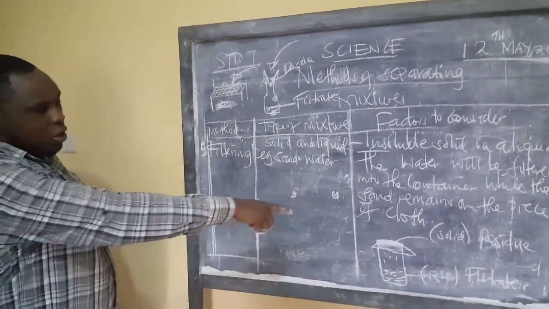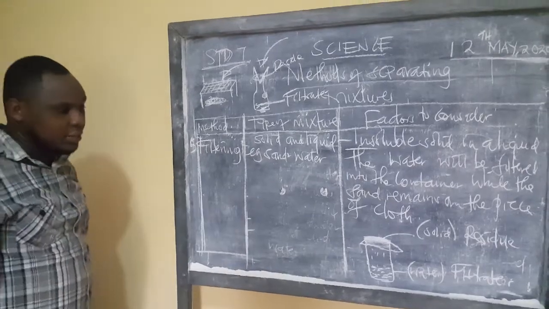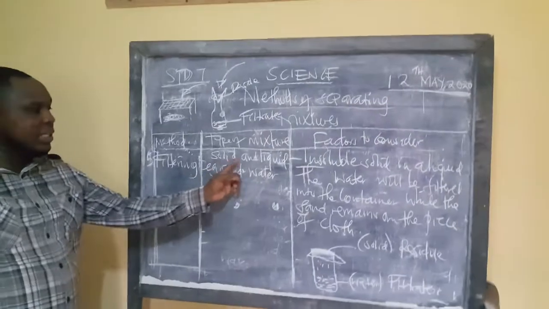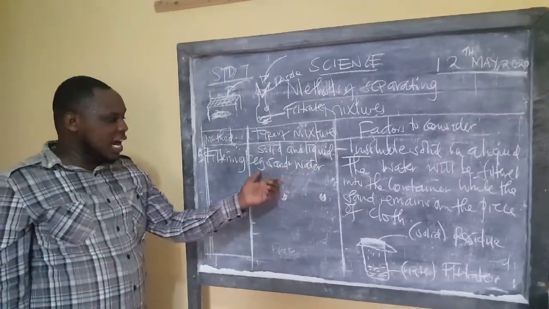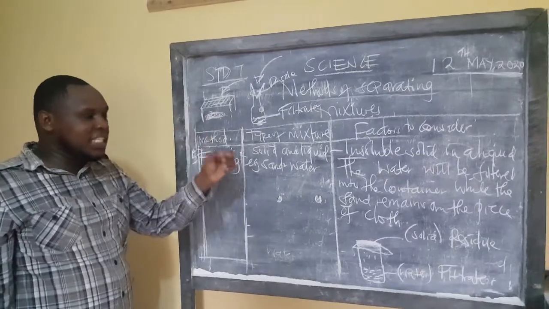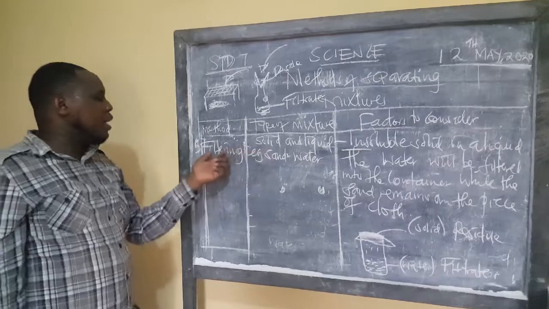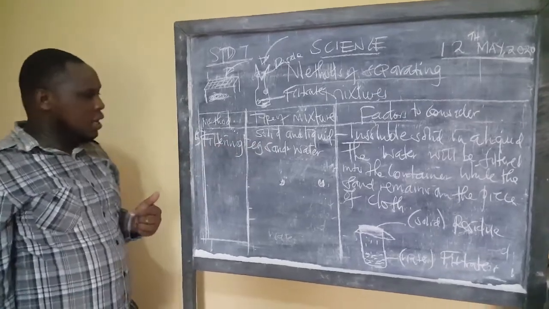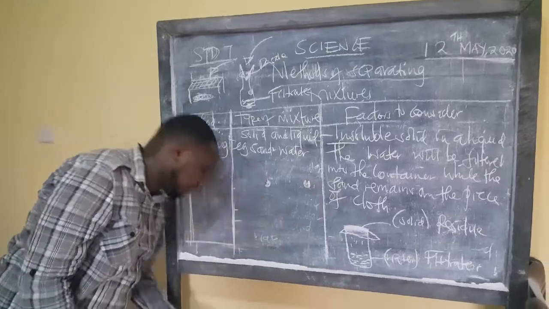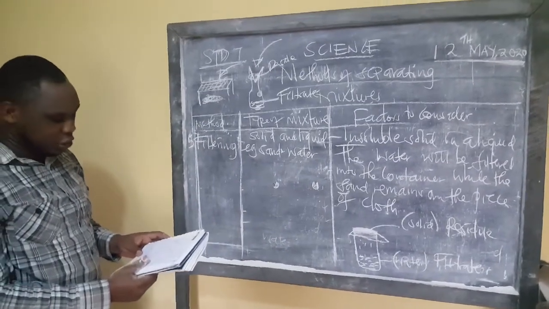So look at this, where the filtrate is, and the residue. Remember that our material is solid and liquid, an insoluble solid in a liquid. That is a factor we consider. Is this material insoluble in water? Yes. So we can pick filtering as a method. Our next method, of course, is going to be evaporation.